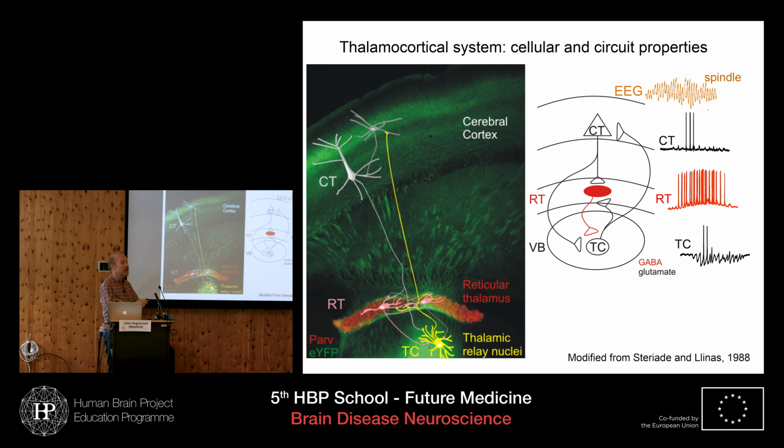So remember, this is a cortically recorded spindle. It's recorded on the cortical surface. So what does that tell you about the nature of the spindle? It's subcortical, certainly, but what else?